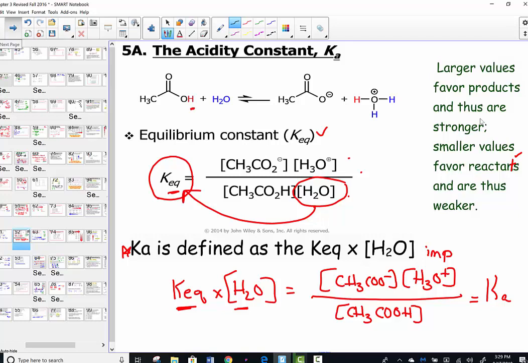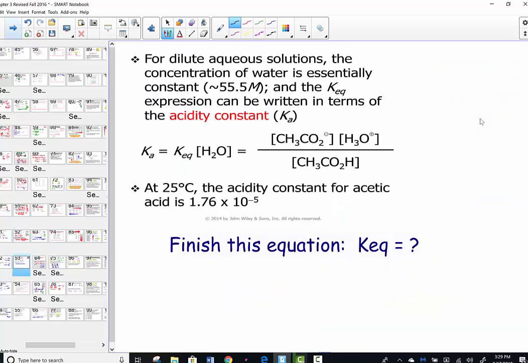Ka is called the acid dissociation constant. Ka is equivalent to saying the molarity of water, which is approximately 55.5 molar when you think about a water molecule bombarding with a water molecule, forming hydronium and hydroxide.